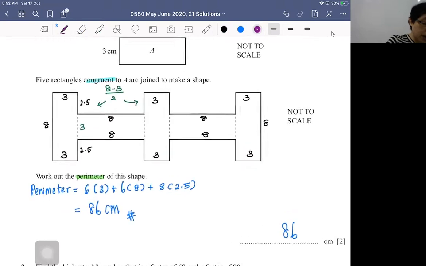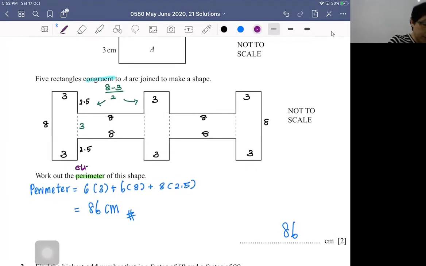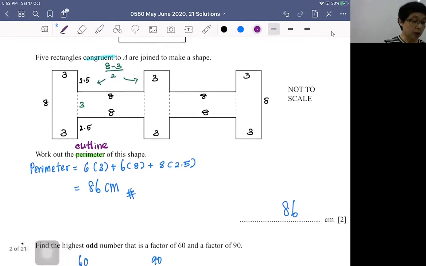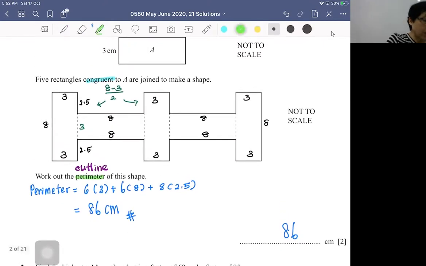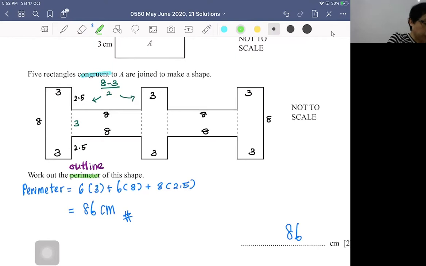Perimeter is simply the outline. With that in mind, we know that the lines shown dotted, which are on the inside, will not be included. Now we carefully examine the diagram and gather together what we can find.